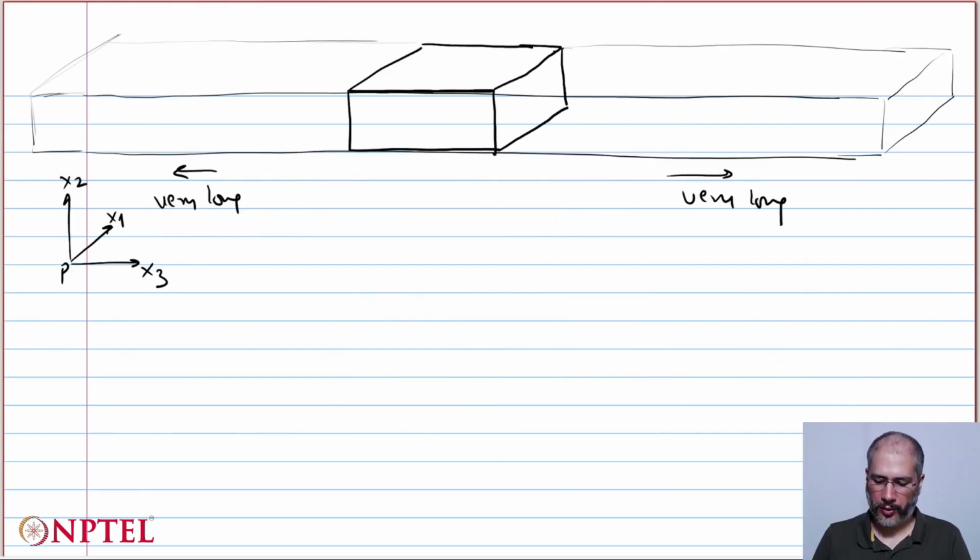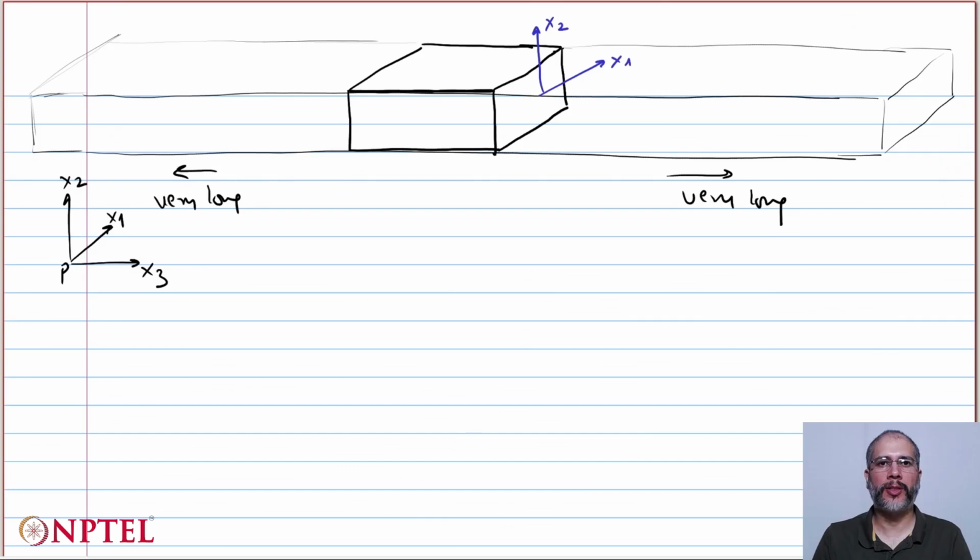Let us take the situation here where you have a very long bar this time. There's no constraint, but it's extremely long. And we look at some part of it. Since the bar is very long, there's symmetry in terms of the x3 direction. That is, any x1, x2 cross section we take will behave independent of the x3 direction because the bar is extremely long.